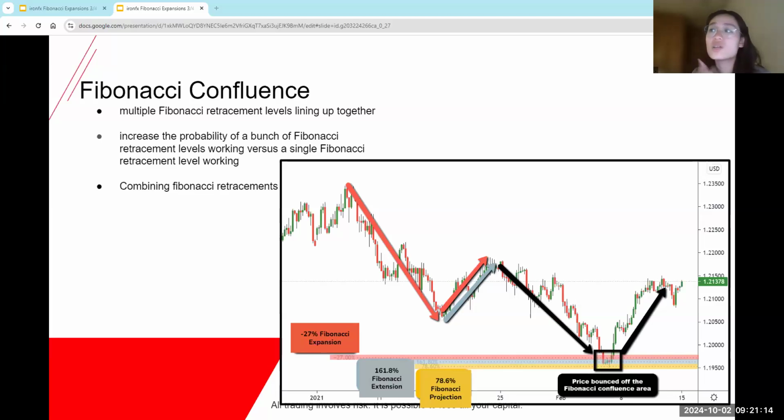So you can see in this example that I have here, we have your Fibonacci expansion from the red arrow. That lightning bolt shape I think is quite clear. You also have the 161.8 Fibonacci extension level that we went through last week, which is basically this inverted Nike tick.